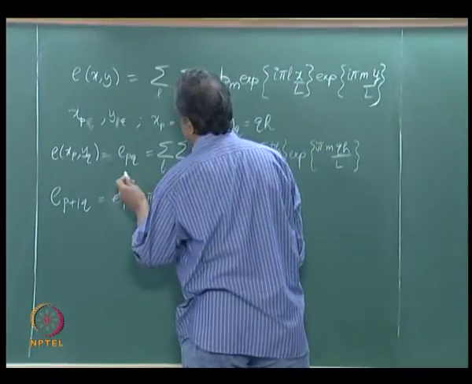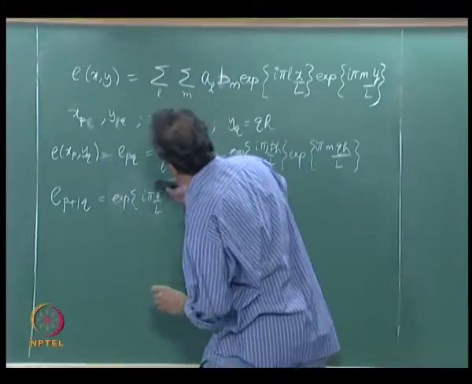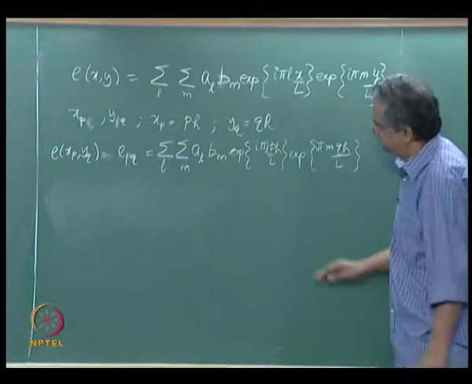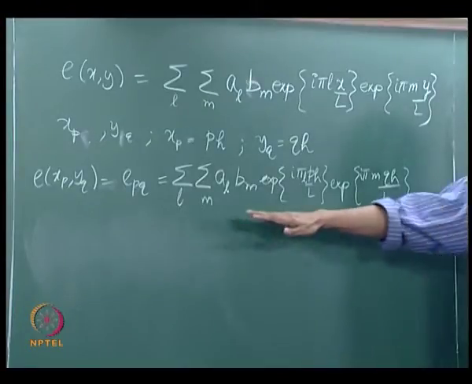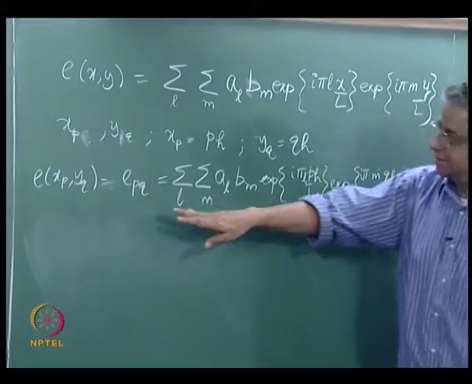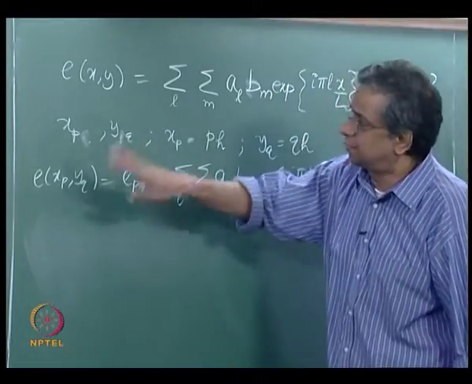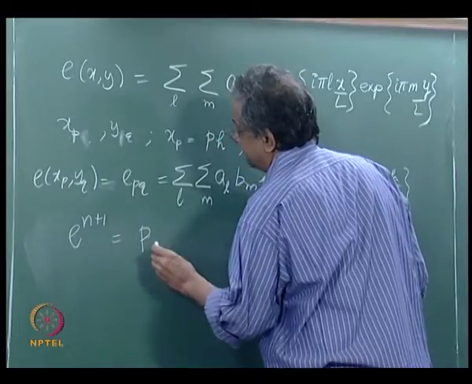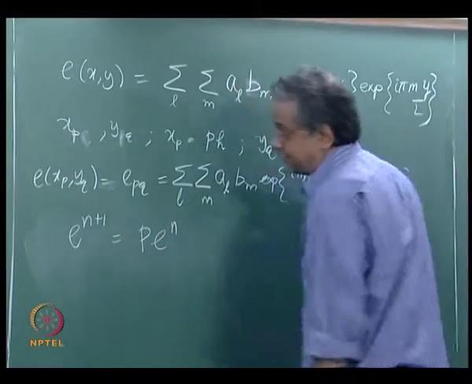Yes, I have to have the summation. Okay, I do not want to do this, I am doing this a bit early. Okay, let me do this. I have to take component by component first. Now this E I want to substitute into E^(n+1) equals P times E^n.